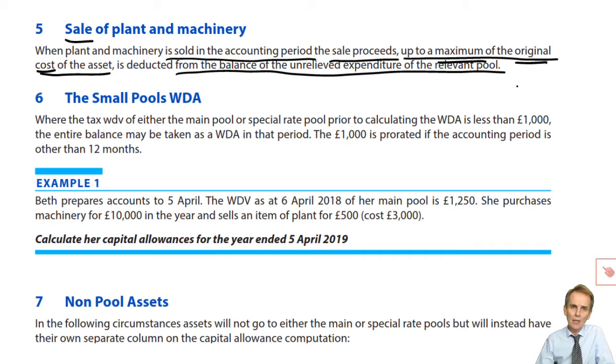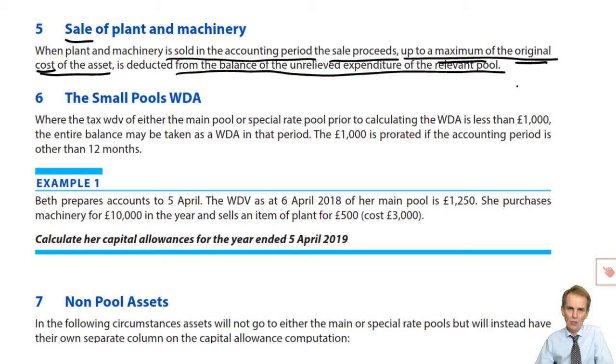Having deducted the sales proceeds up to that maximum of original cost, that will be done at the point of having dealt with additions that rank for AIA and additions that rank for WDA. Then we deduct our sales proceeds in determining the tax written down value on either the main pool or the special rate pool that will then be eligible for the relevant writing down allowance.